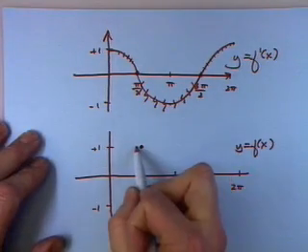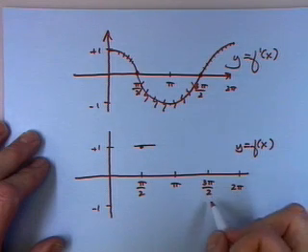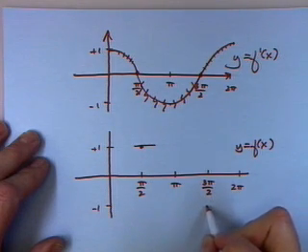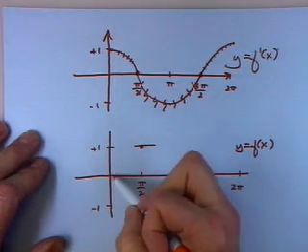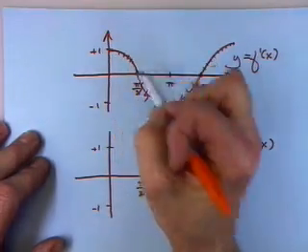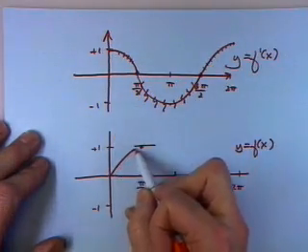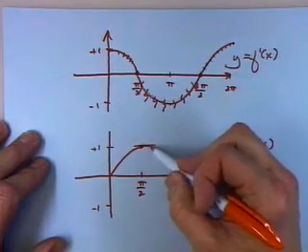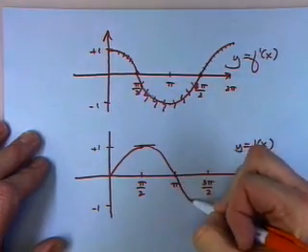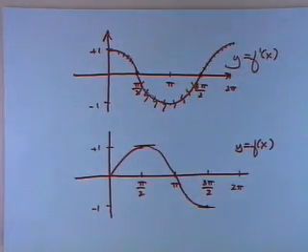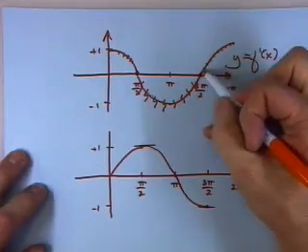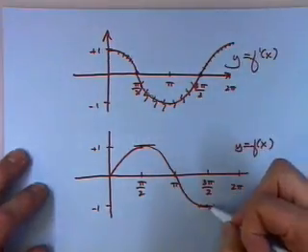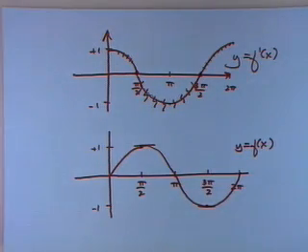Derivative's got to be 0 at this point. The derivative's got to be 0 at this point. Here it's positive, so it's got to increase. Here it's negative, so this thing has to decrease, the whole way, right? And here it's positive, so this graph has got to increase. How about that?